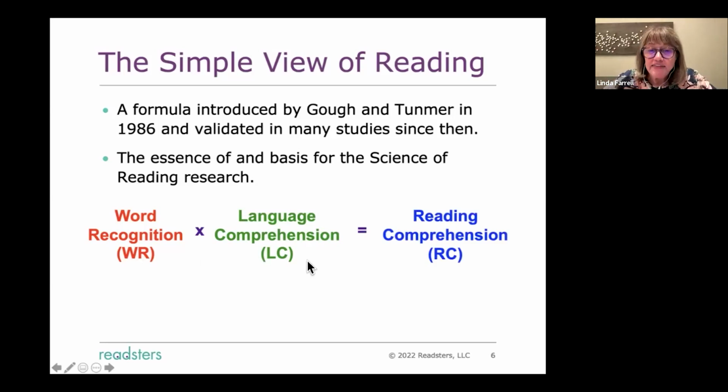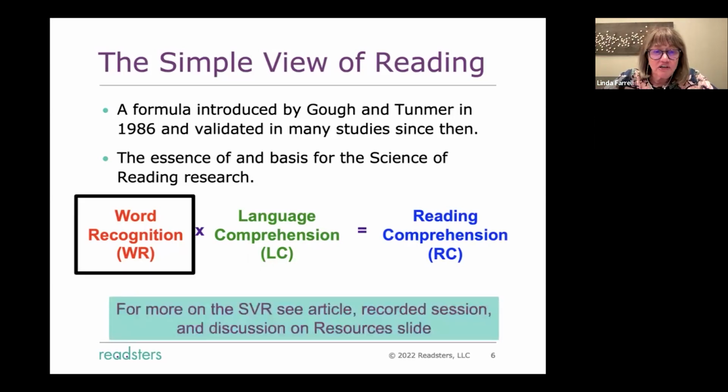I can multiply these two and predict whether you'll be strong or moderate or really poor. That is the essence of the simple view formula.